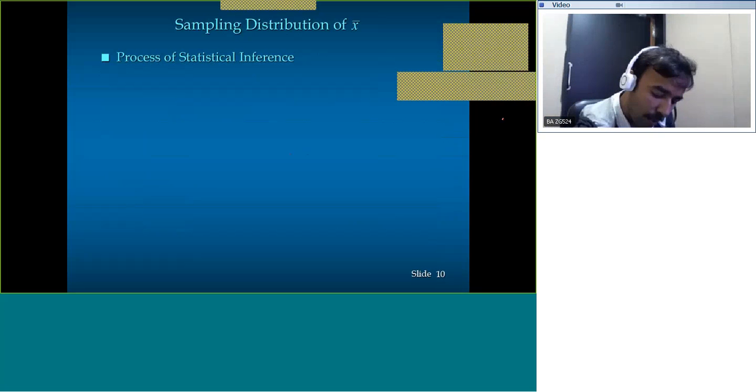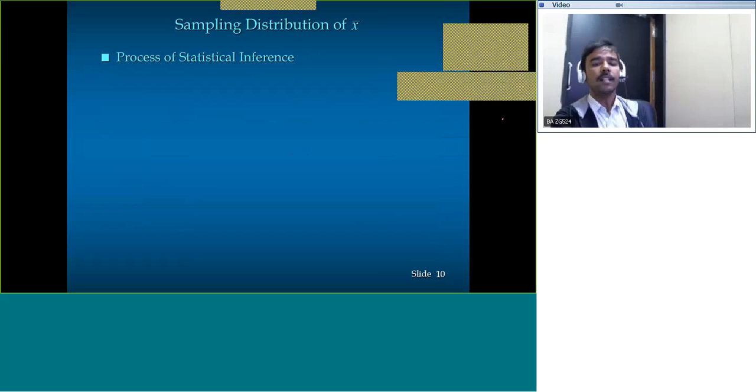Now, I'll come to a point here. First of all, I want to repeat one more thing: we want to calculate population parameters. They are simply numbers for a population. But we want to estimate them using sample statistics. But the sample statistic value varies from sample to sample, right?